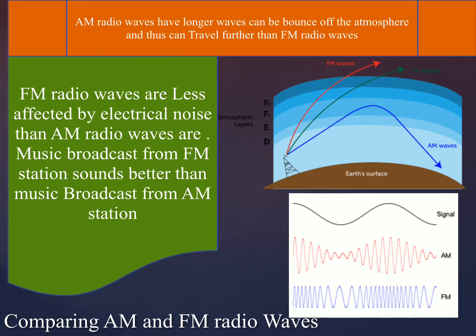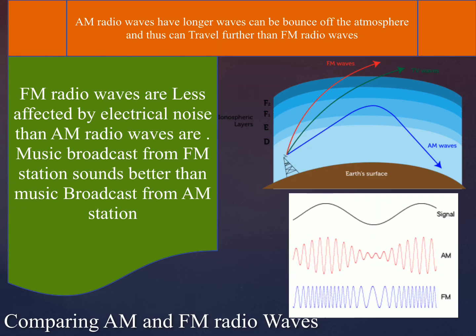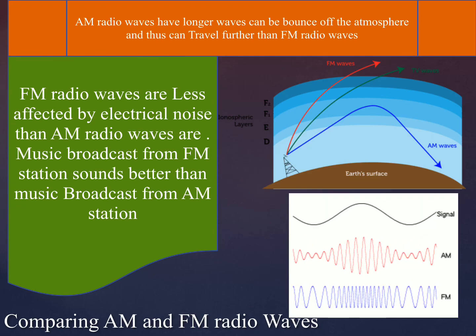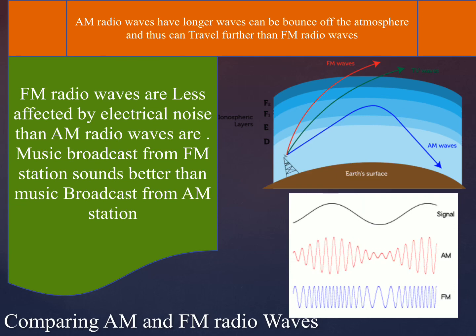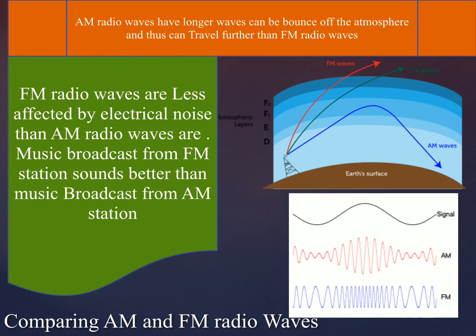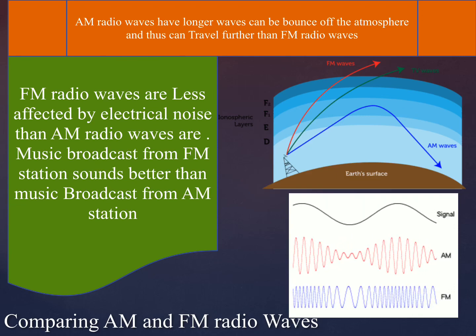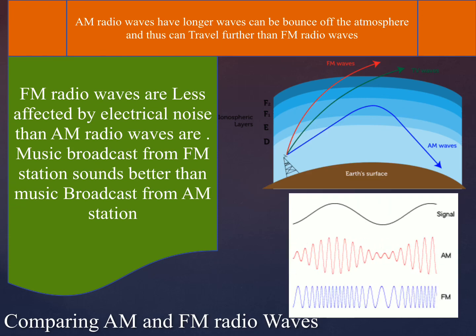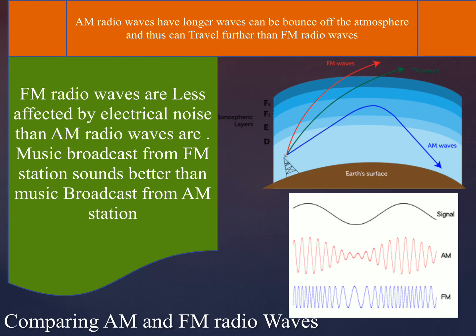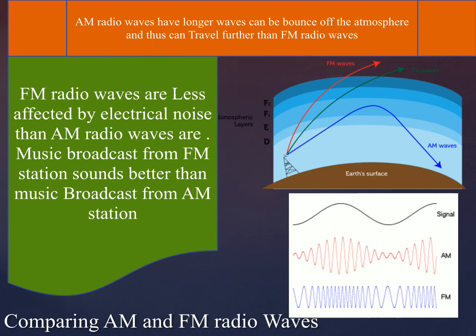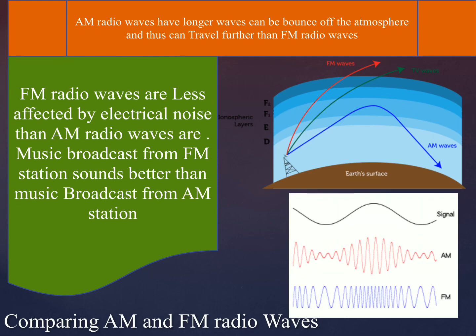Comparing the AM and FM radio waves. The first difference between AM and FM radio waves is their wavelength. AM radio waves have longer wavelengths than FM radio waves. Also, AM radio waves can bounce off the atmosphere and thus can travel further than FM radio waves.